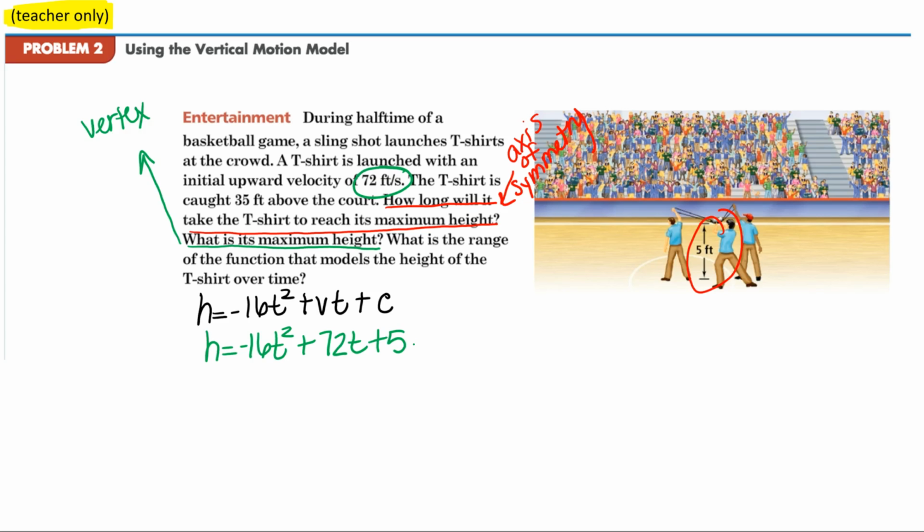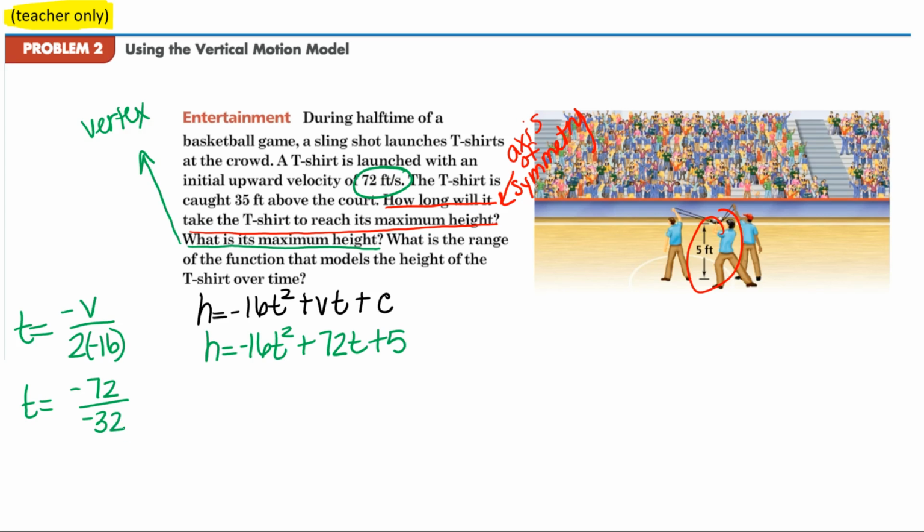So in this case, to find how long it'll take to reach my maximum height, t is going to equal negative velocity divided by 2 times a. In this case, a is going to be negative 16. That's not going to change. So my initial velocity, I have t equals negative 72 divided by negative 32.